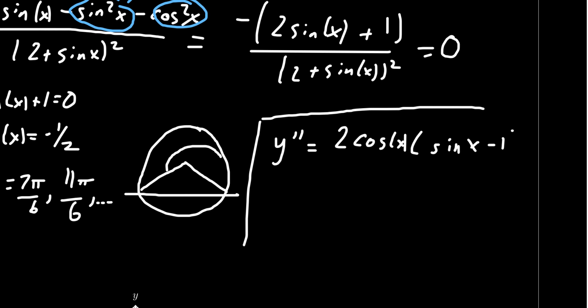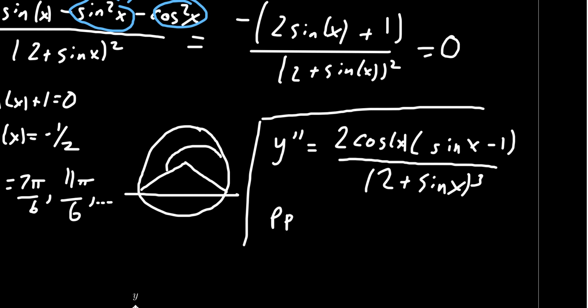And this sits above a 2 plus sine of x, and then the denominator is cubed. All right, so the PPIs here are going to be the things that make the numerator go to 0, because there's no choice of x that makes the denominator go to 0.